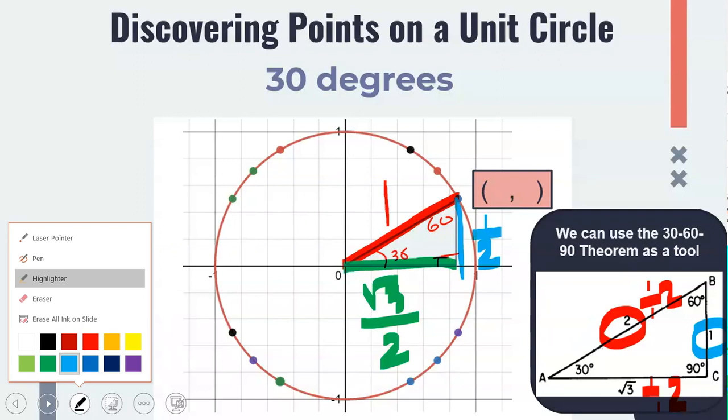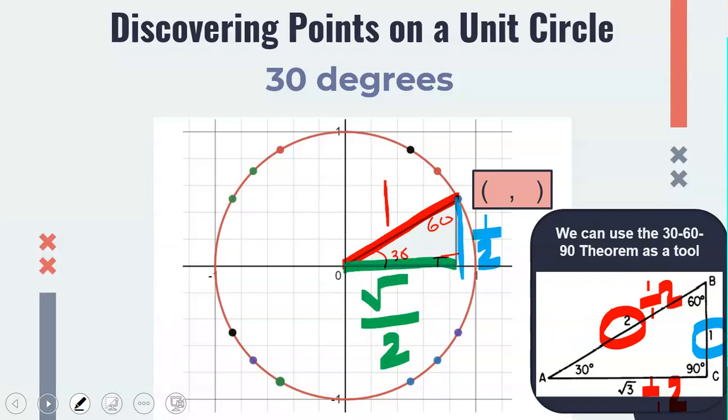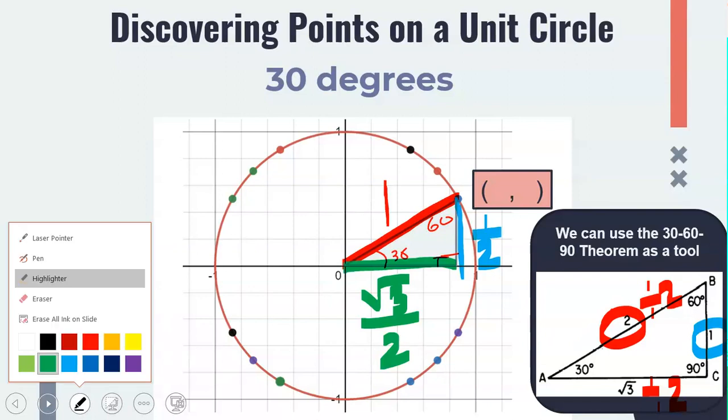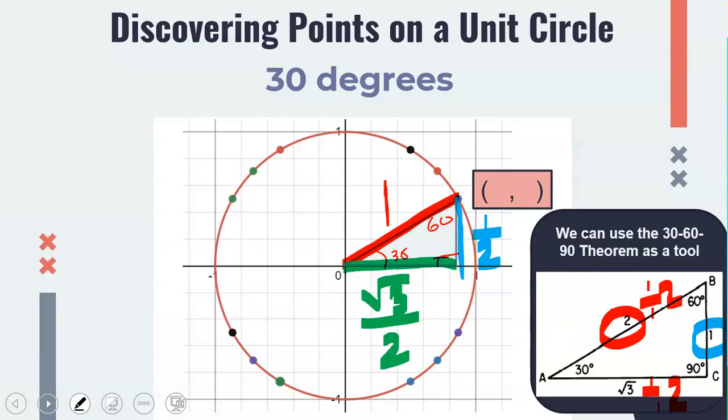Now, one more thing, now that we have our triangle all set up, this is bugging me. Let me fix that. Now that we have that, we need to fill in our coordinates. We remember that our coordinates are always x comma y.